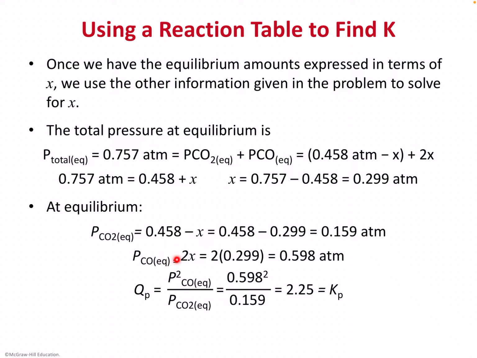Carbon monoxide is 2 times x, 2 times 0.299, which is 0.598. Now we can find the Qp: the partial pressure of carbon monoxide raised to the power 2, 0.598 squared, over 0.159, which is carbon dioxide. That will give you the Kp of this system. That's an example of how we can use a reaction table to find K.